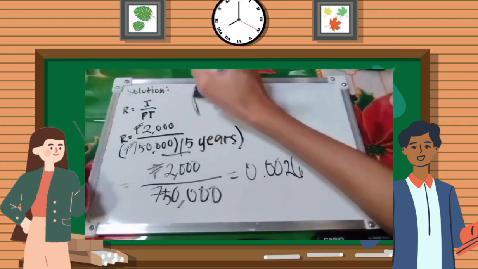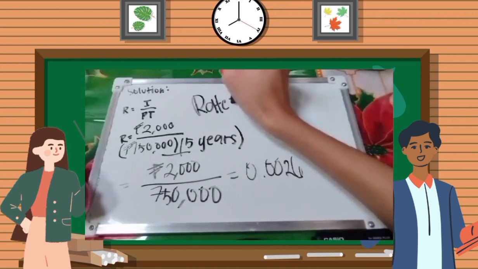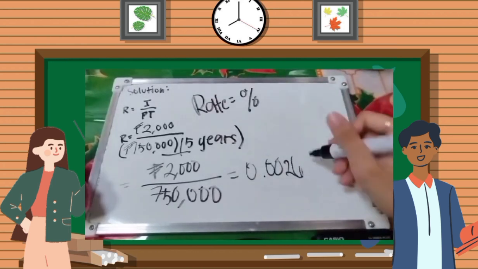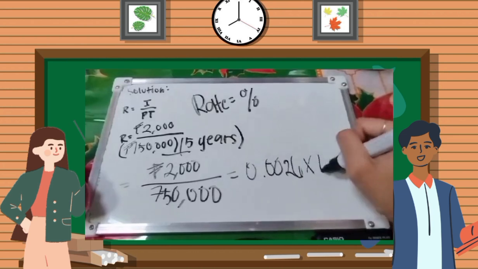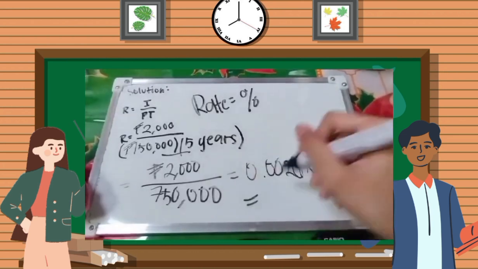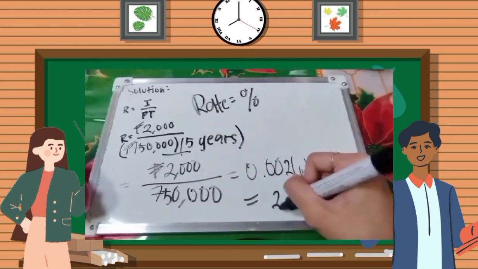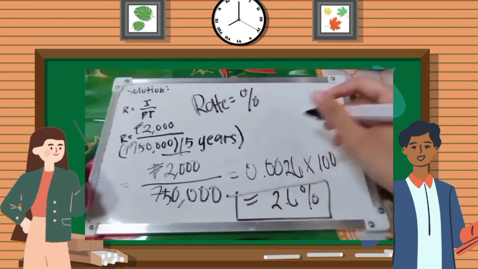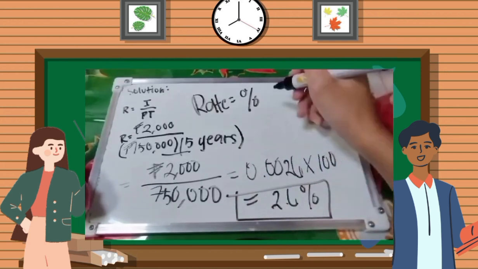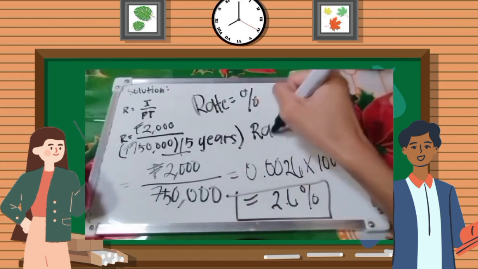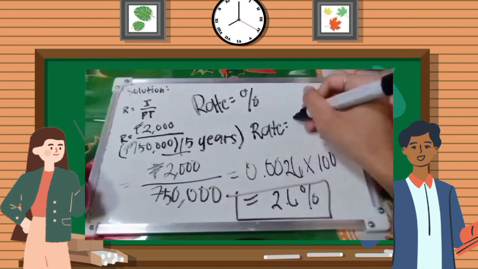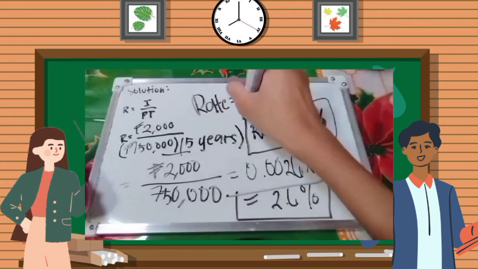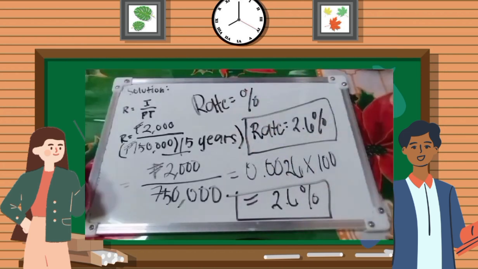For rate, we need a percentage, so we multiply it by 100. So we get 2.6%, which is our rate. Therefore, our rate is 2.6%. And that's all. Thank you.